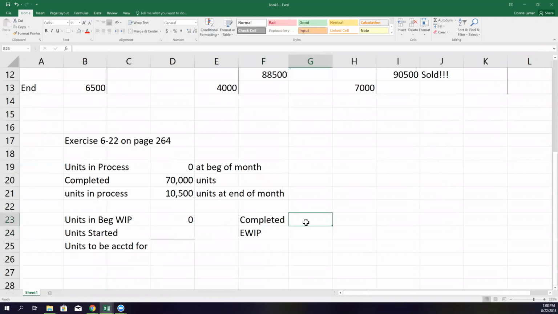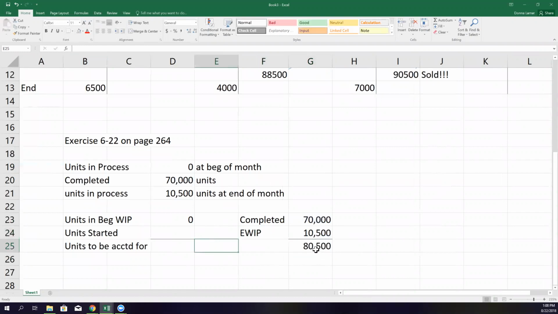When we do that, we say that 70,000 were completed. We had 10,500 still in process. So altogether, we had 80,500 products that were in process at some point during the month.